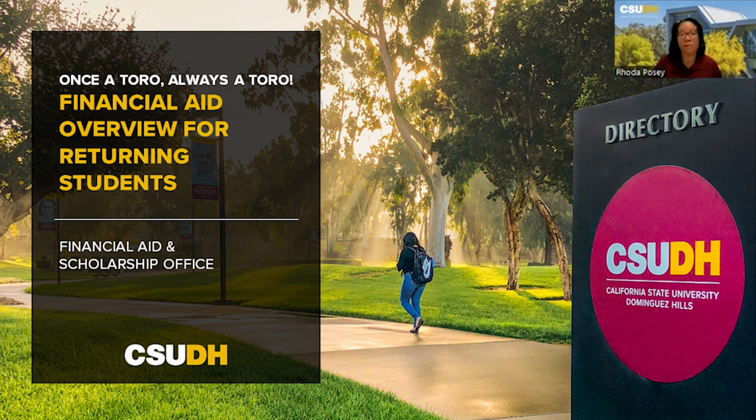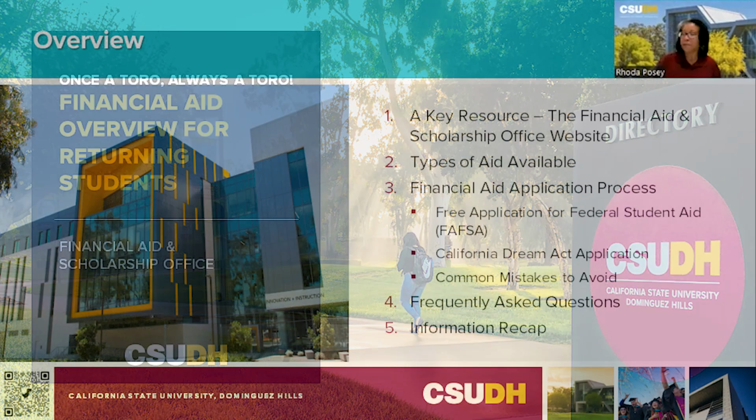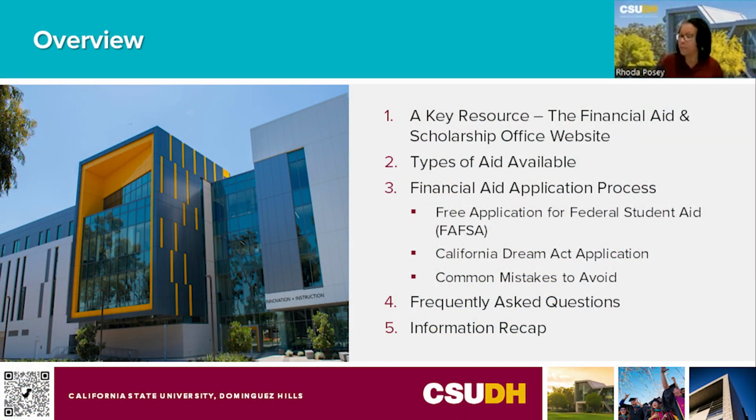Okay, so here we go. Once a Toro, always a Toro. Financial aid overview. So what are we going to cover? Just a couple of topics, not a long presentation. First and foremost, a key resource for you is using the Financial Aid Office website. I'm going to highlight some things there. Going to talk about types of aid that's available. You may be somewhat familiar, but it's worth a quick overview.